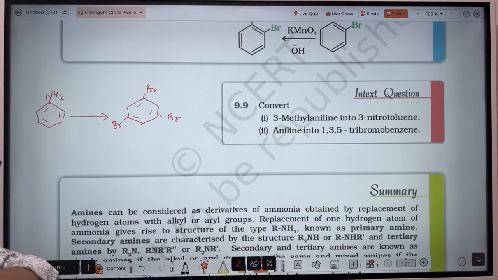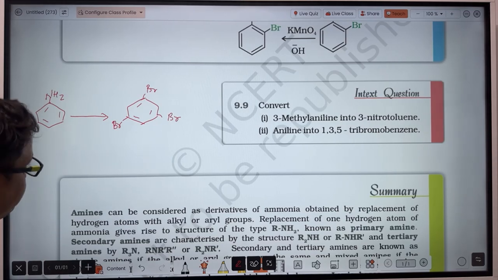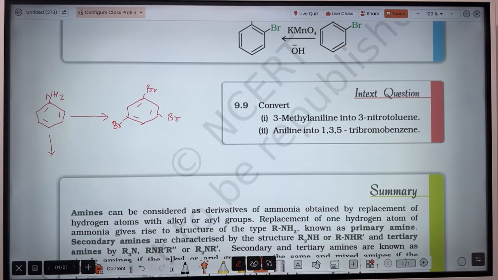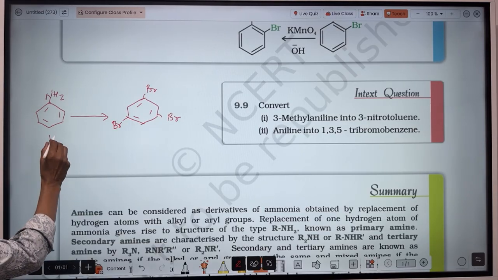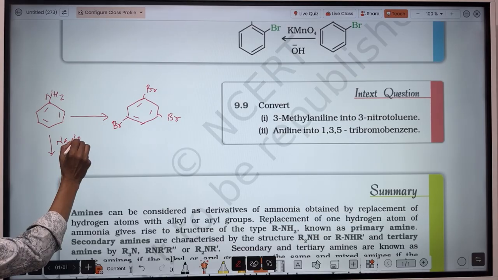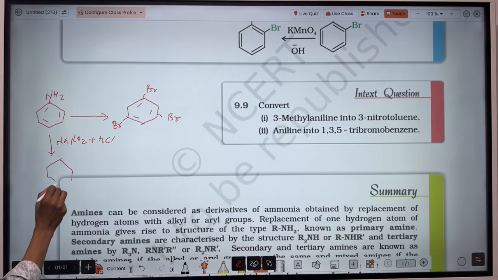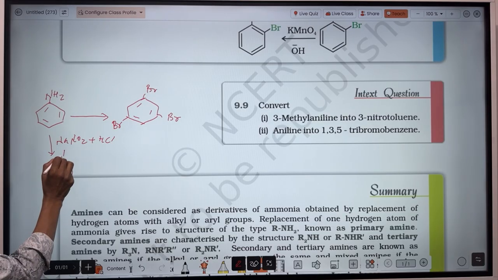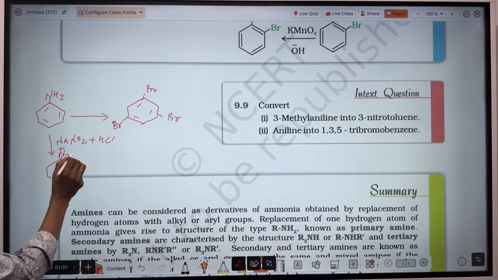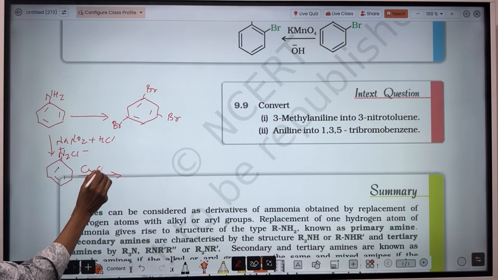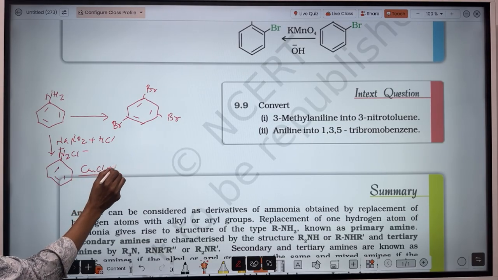So how to do? First step, prepare the diazonium salt, so react with NaNO2 and conc. HCl. N2+ Cl-, and then after with Cu2Cl2 and HCl.